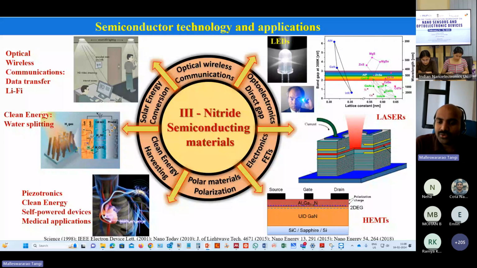They can also be used for electronic devices like high electron mobility transistors, and nanogenerators for clean energy applications in self-powered devices and water splitting. These light emitters can also be used in optical wireless communications.